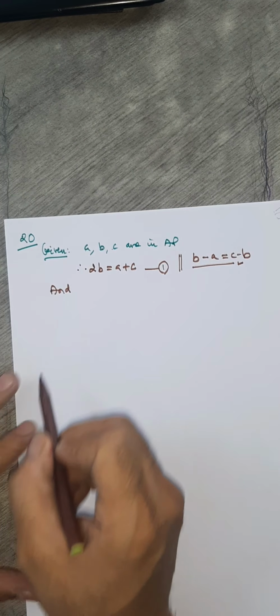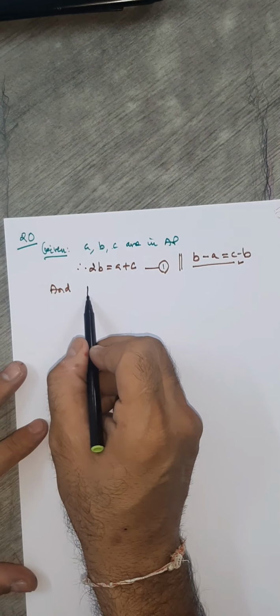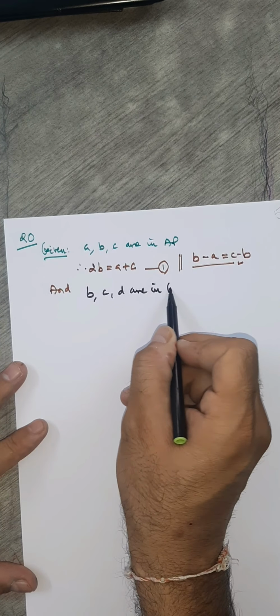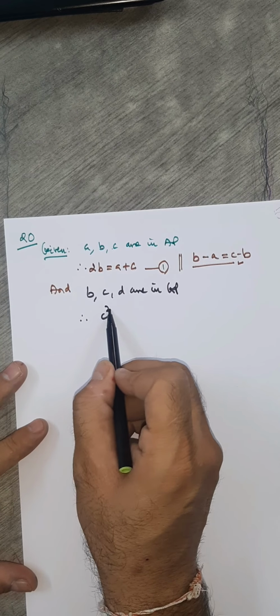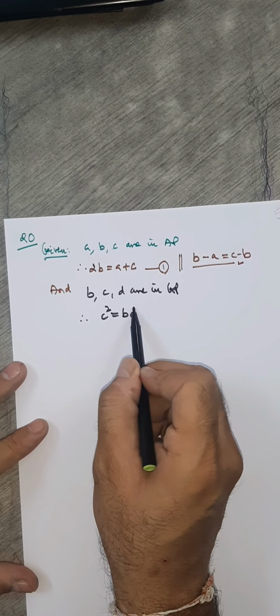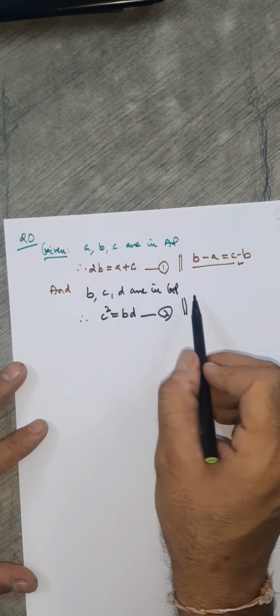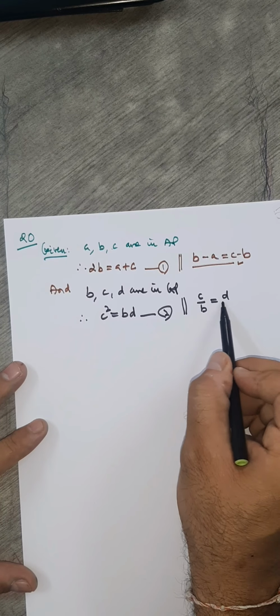Okay, and what is the second thing you are given? B, C, D are in geometric progression. So the square of the middle one equals the product of the other two, always true. Why this? Just for your information, this by this equals this by this.